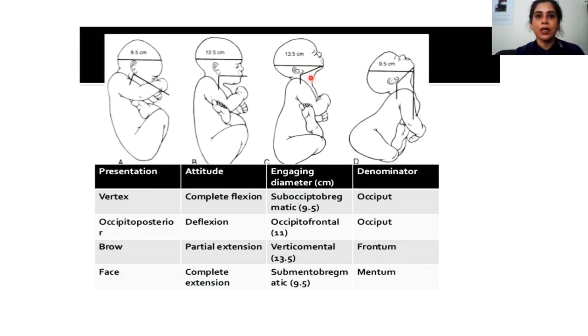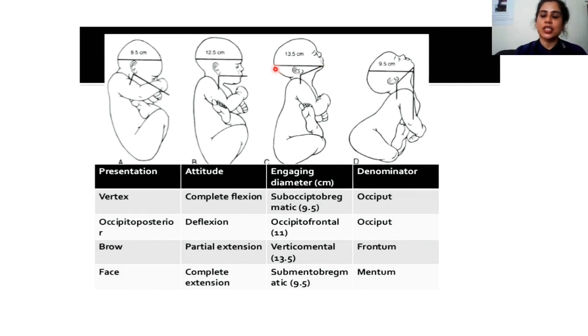You can see here that the attitude is that of flexion at the neck. Then this is incomplete flexion. This is the deflexed head. And this is partial extension. When there is partial extension, the presenting diameter is mento-vertical.